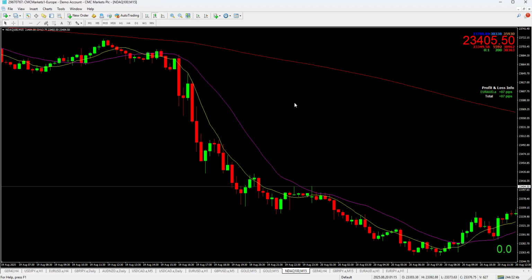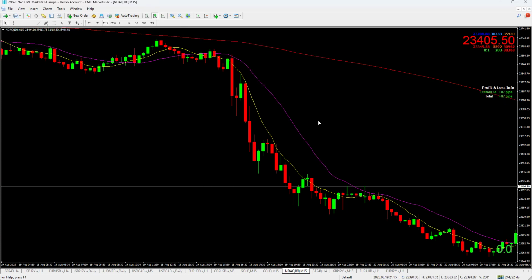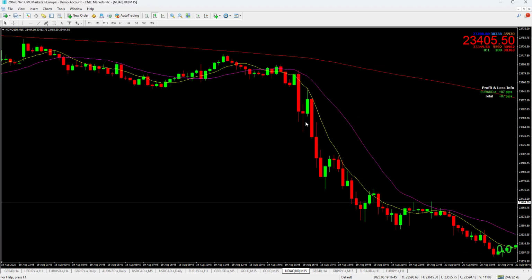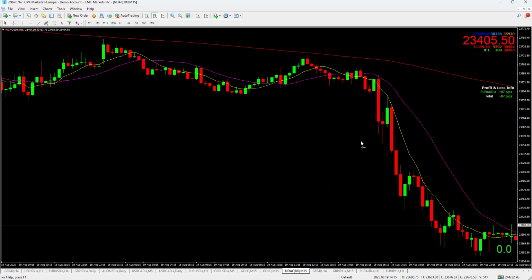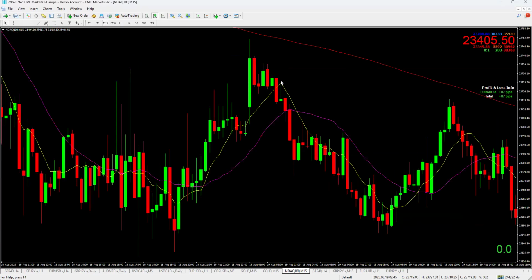Big, bigger, biggest means it's going down. If it's flipped the other way around, it means it's going up. So what we're wanting is for the 10 to cross over the 20. In this case, it's crossing to the downside, so we're looking to sell.